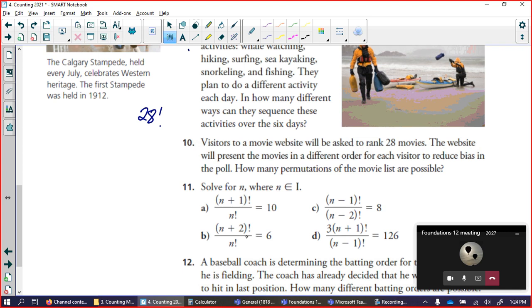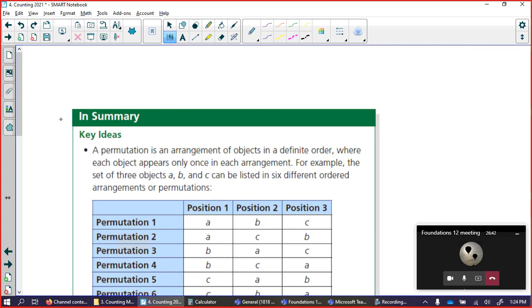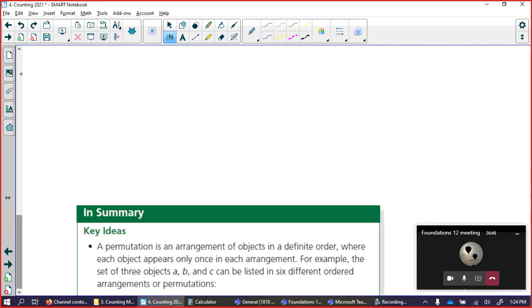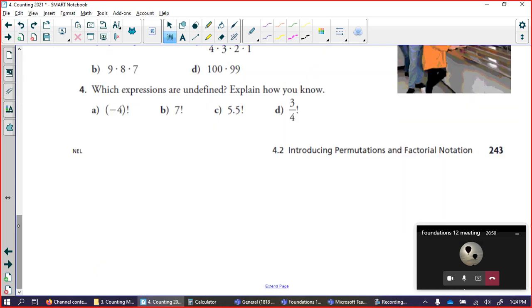N plus 1 equals 10. That one would be a quadratic like we just did. But one of those questions, where'd it go? Whoa, that's not good. Undo.